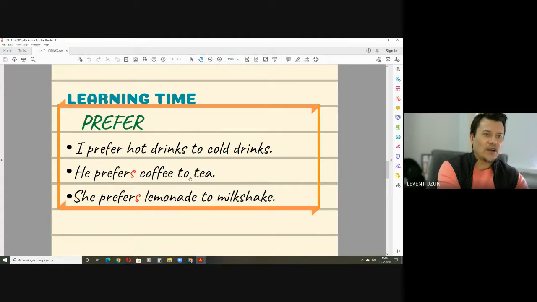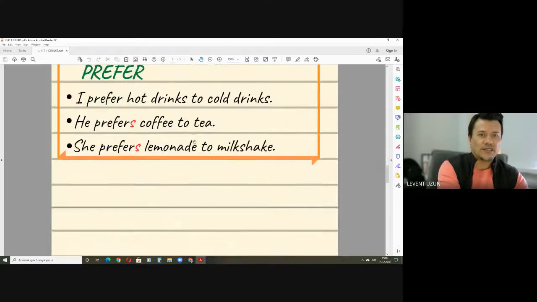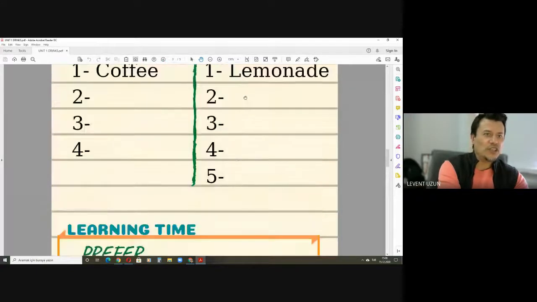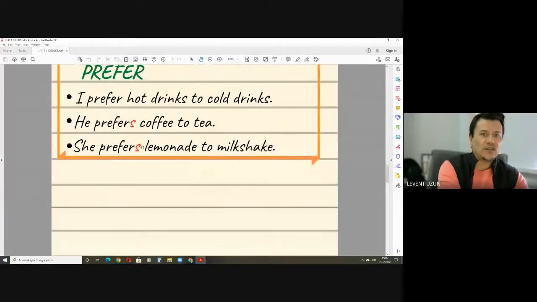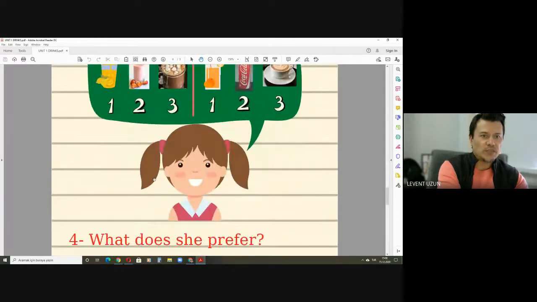I prefer hot tea to cold tea, for example, or hot coffee to cold tea, or cold coffee to hot tea, something like that. You can practice hot and cold here. Why don't you practice it? You teach it here, you can practice it here, and here you can also teach this structure. And now you go with this picture.